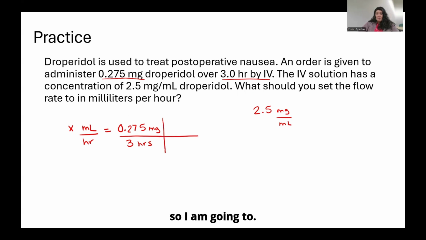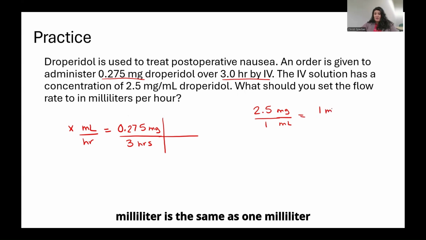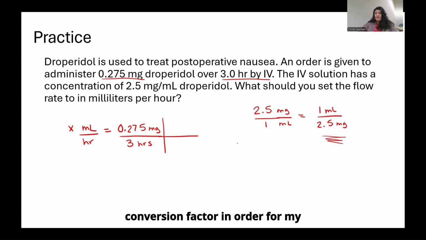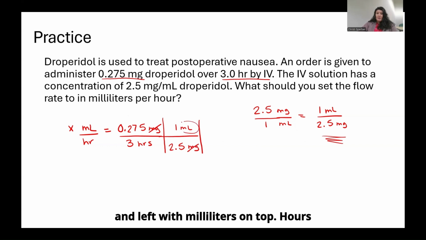I am going to use this concentration as a conversion factor. 2.5 milligrams per 1 milliliter is the same as 1 milliliter over 2.5 milligrams. I need to use this second conversion factor in order for my milligrams to cancel out. So 2.5 milligrams on the bottom is over 1 milliliter. My milligrams are going to cancel out. I'm left with milliliters on top, hours on bottom, which is what I want, milliliters per hour.